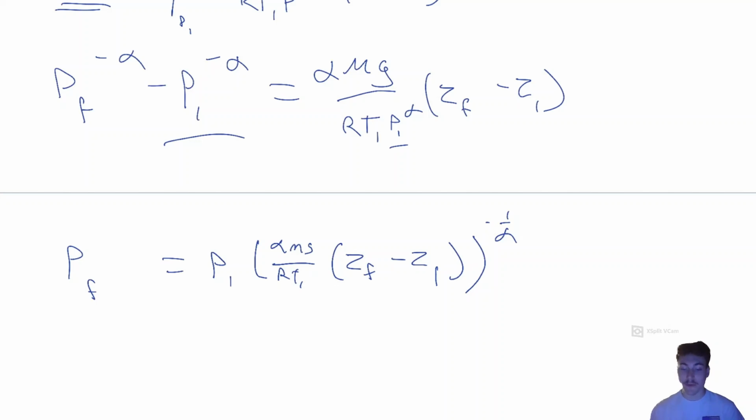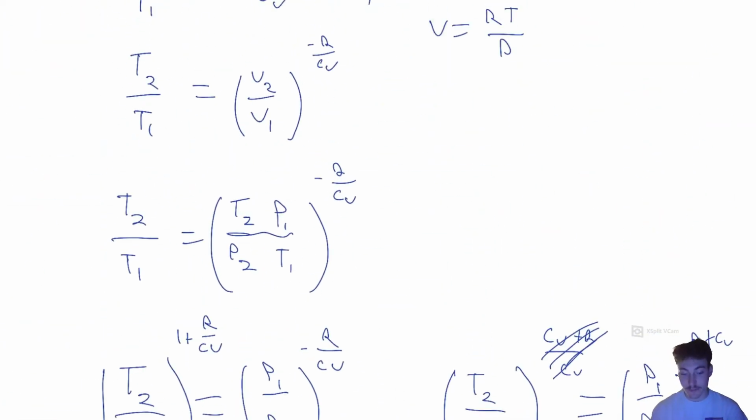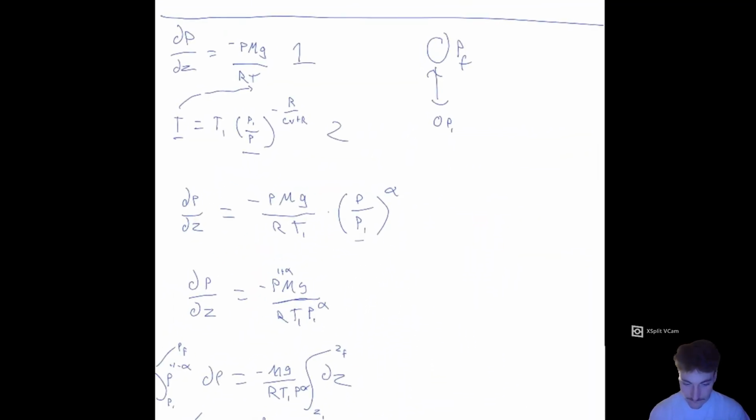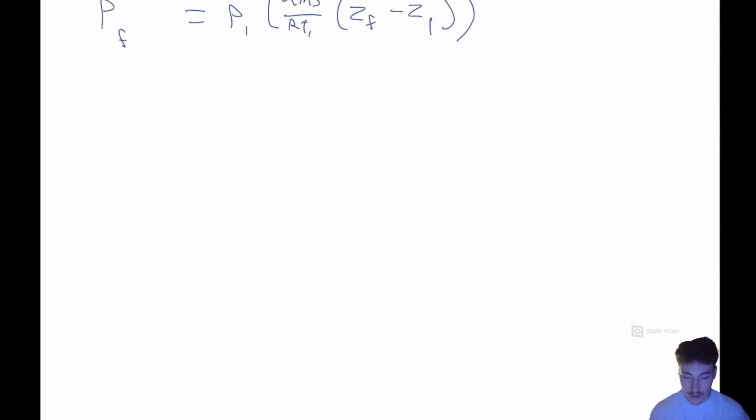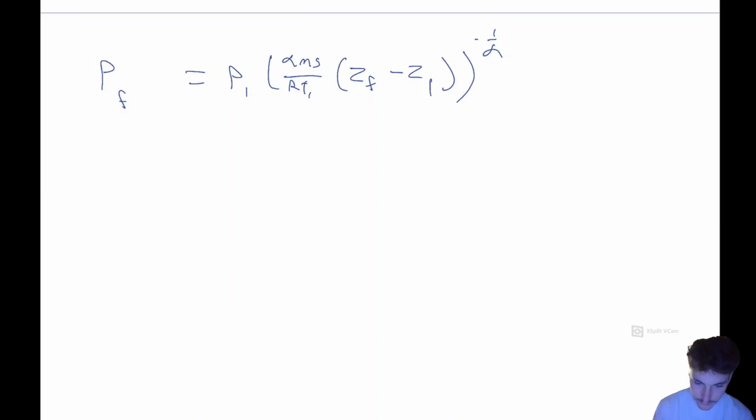But if we look back to the original equation, we can morph this. The final pressure, we can plug back in to the original equation, right there. So we can go ahead and do that.